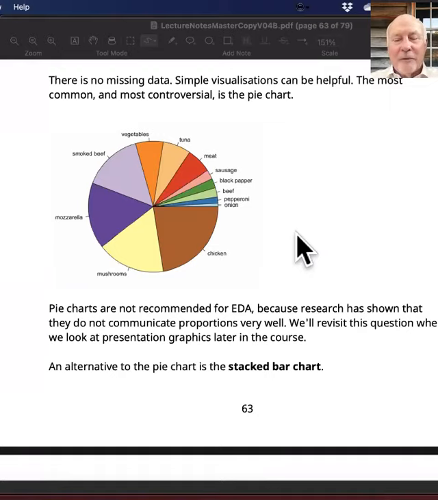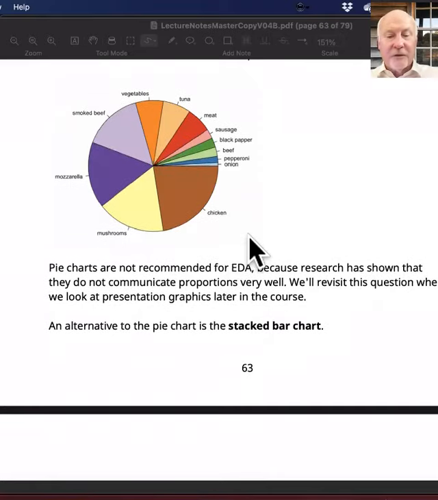But basically, what it boils down to is that there is experimental research that shows that humans are not very good at interpreting areas and angles, or particularly angles. And so if you had to read the numbers off that pie chart from the angles, you probably wouldn't do a great job at it. That's the key idea. So I'm not going to worry about that for now. We can talk about pie charts later on in the course.